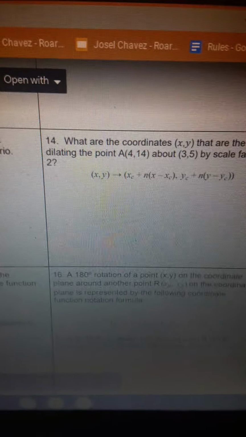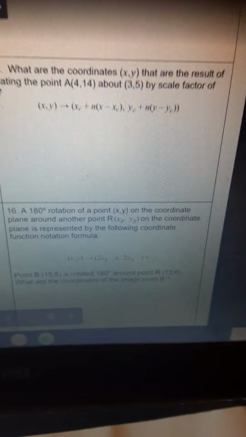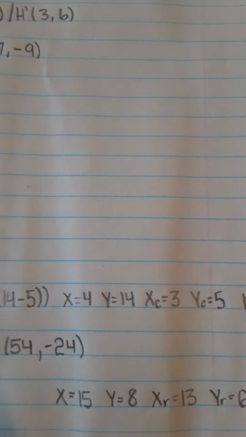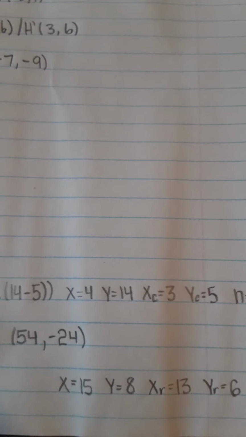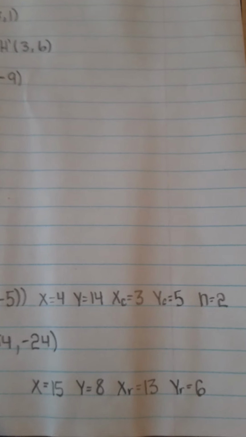14. What are the coordinates x, y that are the result of dilating A 4, 14, about 3, 5? So first you have to label. x equals 4, y equals 14, x center equals 3, y center equals 5, and so scale factor is 2.